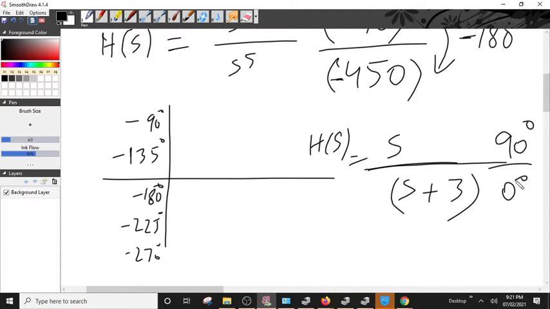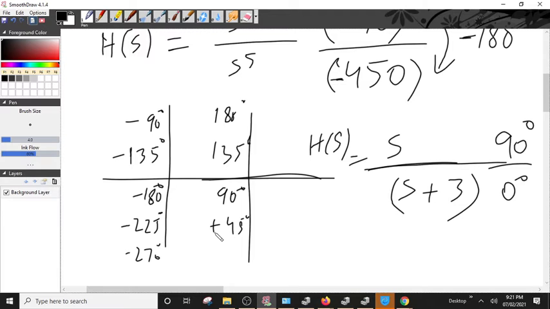So our origin will be at 90 degrees, and then we will draw the rest with 45 degree gaps: 135, plus 45. So this S term only decides the origin. For each pole and zero we will just write plus or minus 90, and add them together, and whatever value we get will be our origin, right?